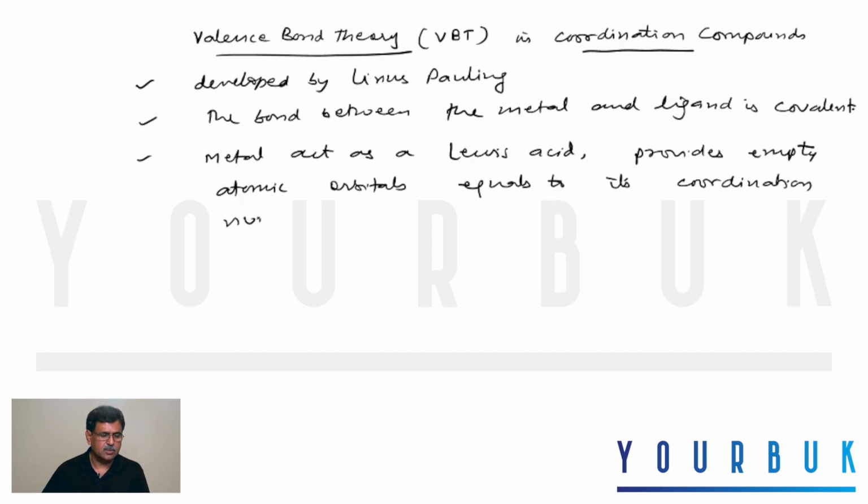So if the coordination number is 4, then the metal has to provide 4 empty atomic orbitals, and if the coordination number is 6, then the metal has to provide 6 empty atomic orbitals.